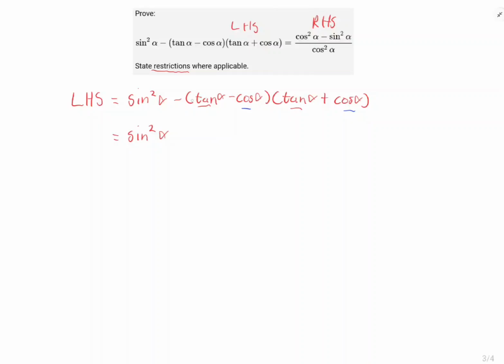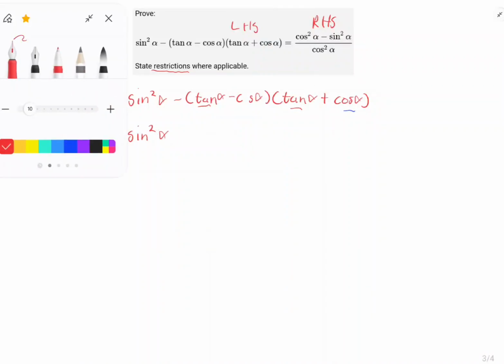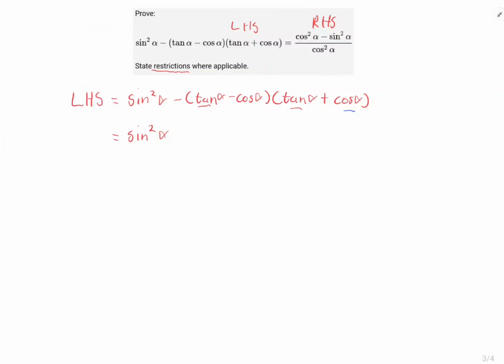When the two brackets have the same terms respectively, but with different signs on each, you just want to multiply the first term by the first term and the last term by the last term, in a FOIL-ish method. It's a simplified FOIL method, but yes, that's the rule when you have two terms that look alike but the signs are different. You want to multiply first by first and last by last.